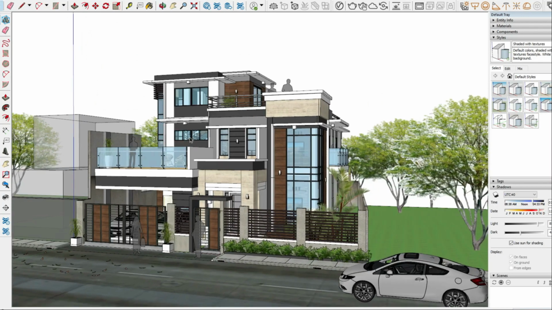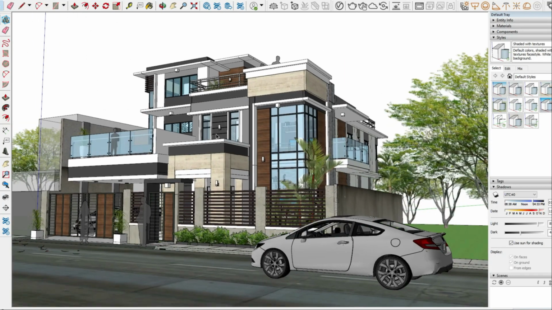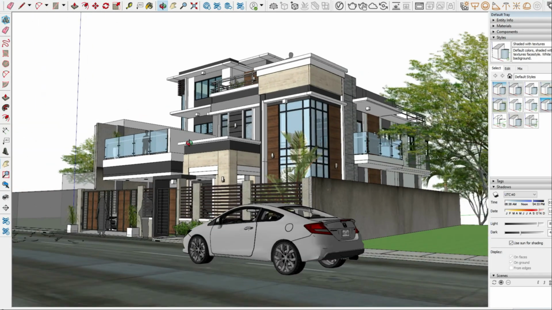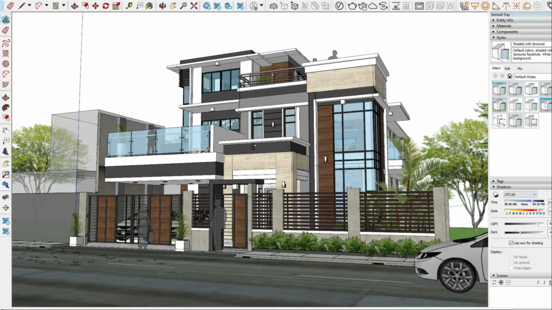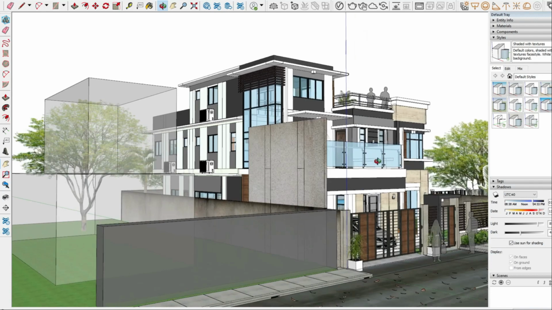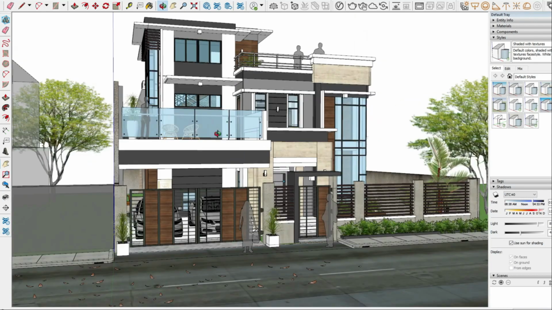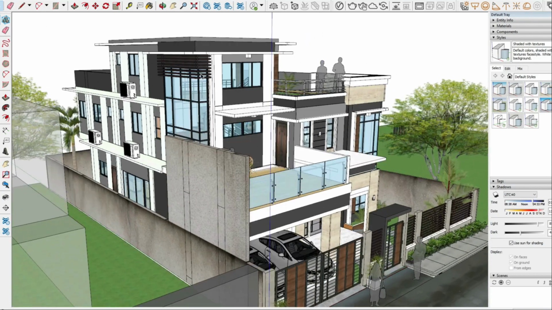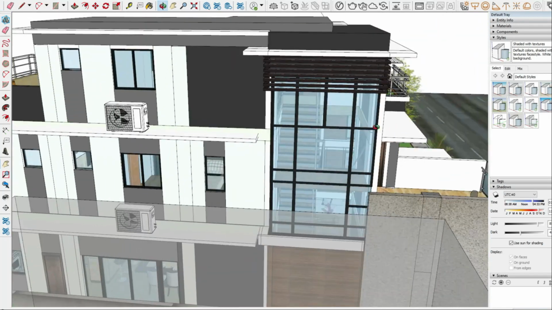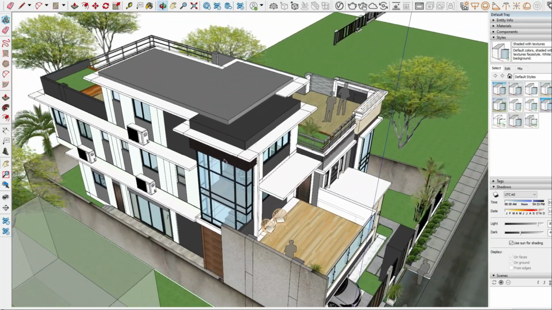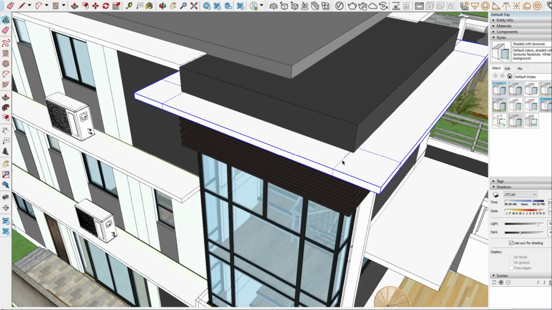So this is an example sang 3D model nga ginobra sa SketchUp. This is a raw 3D model, so makita nyo nga ara pa ang mga lines. Once nga gin-render ni siya sa V-Ray or sa Lumion, madula na ni siya ang mga lines.